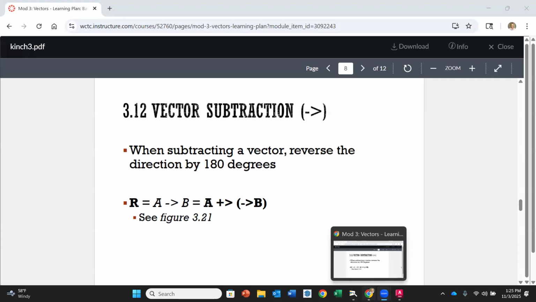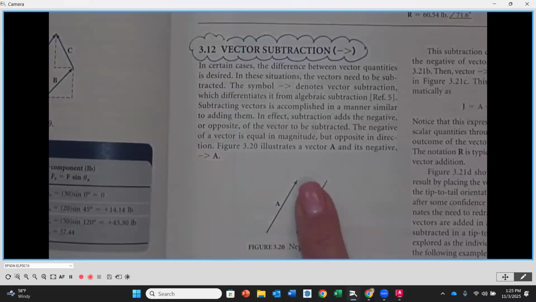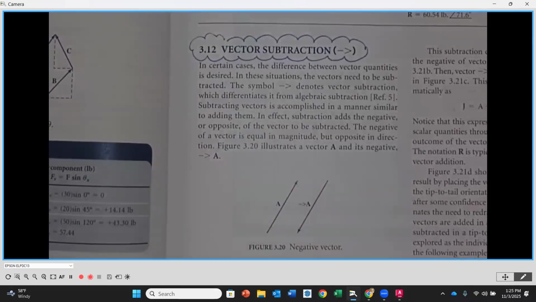That's very, very simple. If we have the positive direction of a vector, so A going up and to the right, to switch its direction we're just going to put the arrowhead on the opposite side of that vector. So we change the direction and then we simply add the negative.